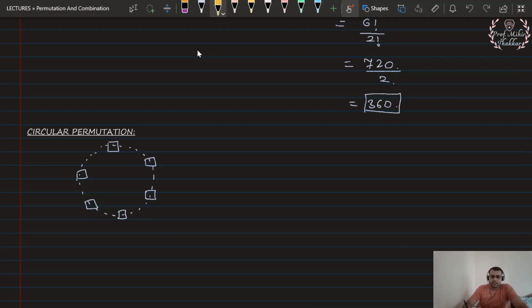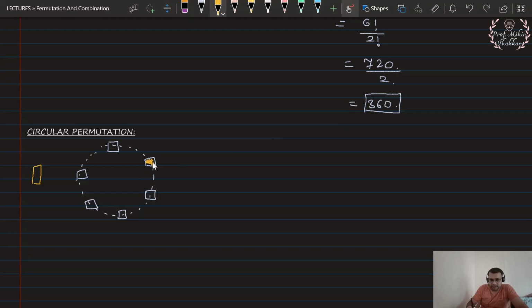Out of 6, any one person will be fixed in one of the 6 places. Let us assume that one person wants to sit in this place because there is a television in front of it and he wants to watch television while sitting at the table.